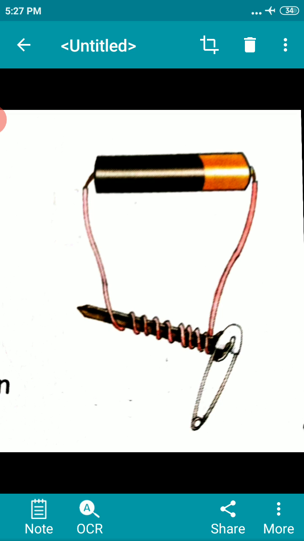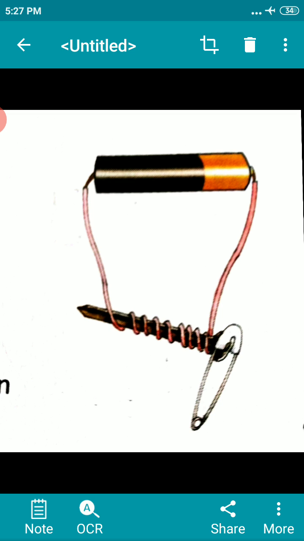Now switch on the current. What happens? Do the pins cling to the tip of the nail? Now switch off the current. Are the pins still clinging to the end of the nail? So from this what we have observed is the coil of a wire behaves like a magnet when electric current flows through it.